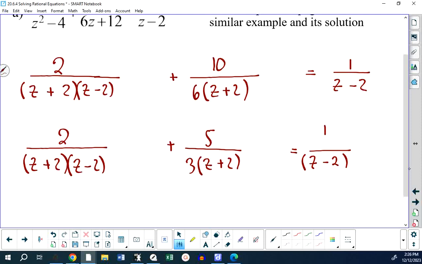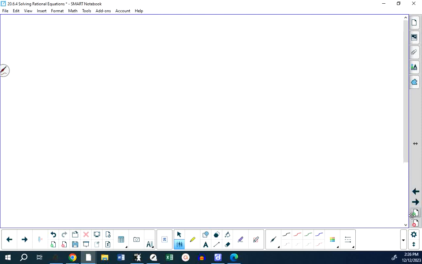If I gave everybody this quadratic equation, what's the first thing you would do? What's the first thing you do? Multiply this by 6.